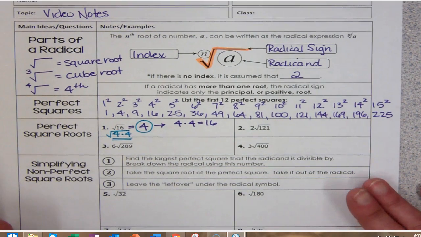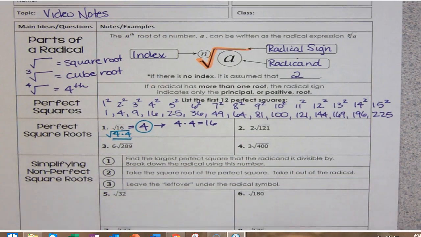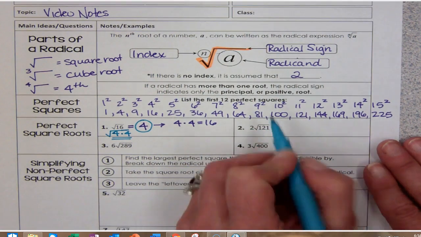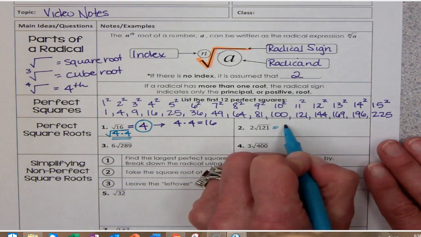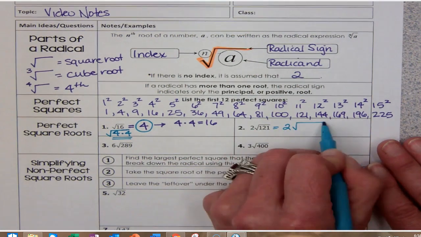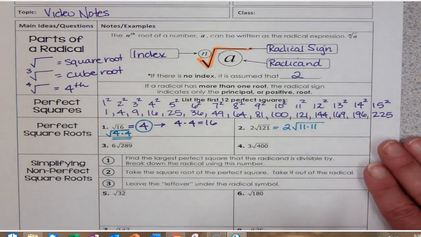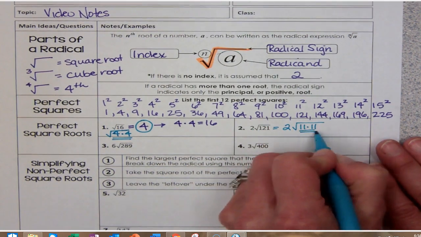What number multiplied by itself is going to give you that number? So for an example, in this one, we know that 121 can be rewritten as 11 times 11. We have 2 of them.